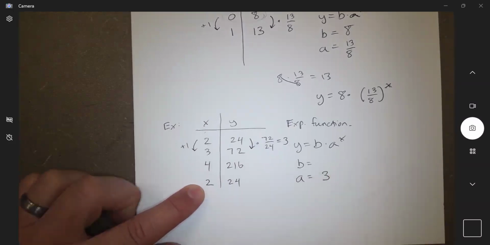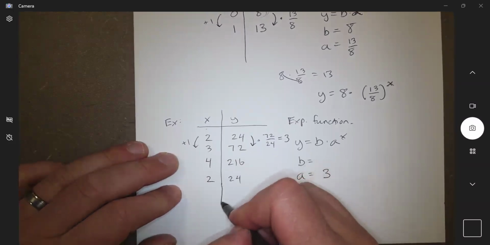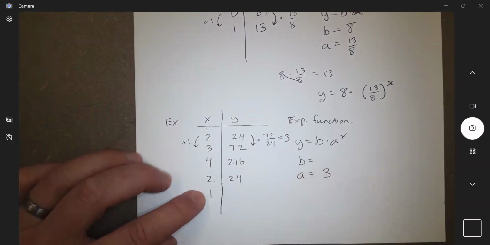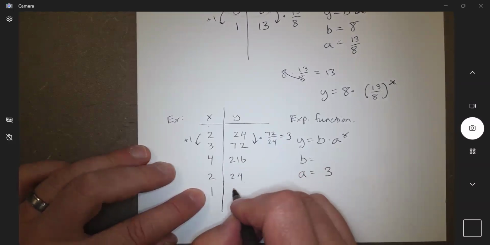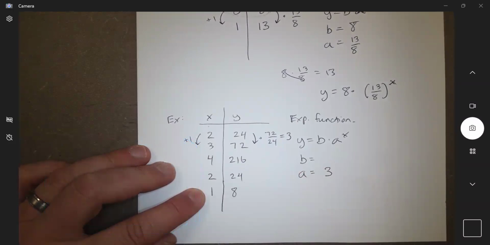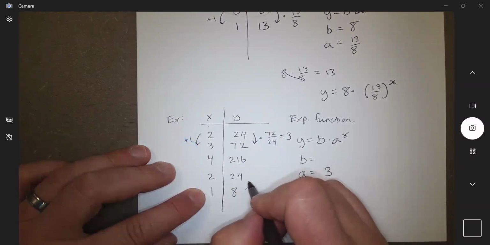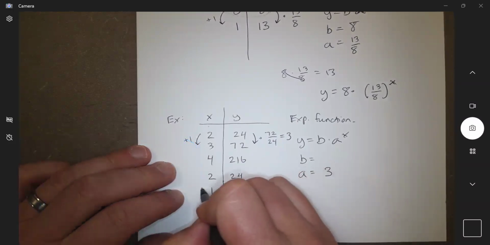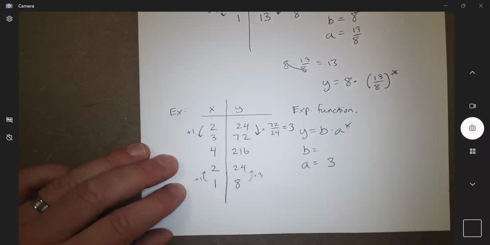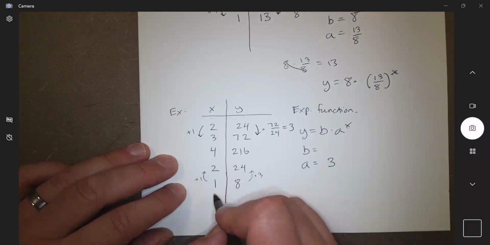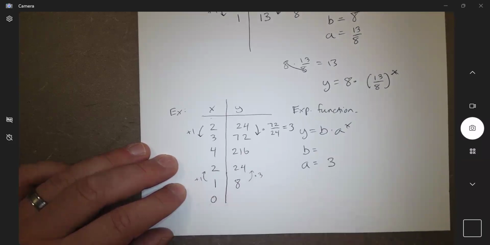And I can put it in my table more than once. That's no problem. So about if x is 1, what is y? It must be 8, because 8 times 3 gets me to 24. And so if x is 0, what is y?